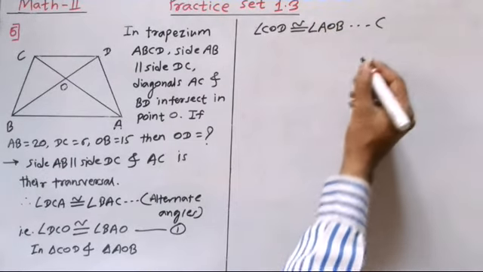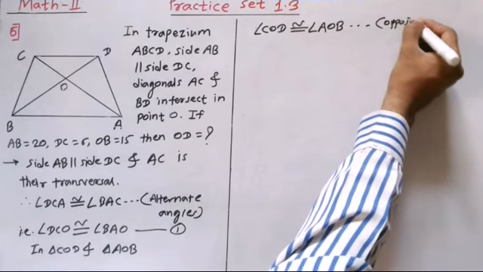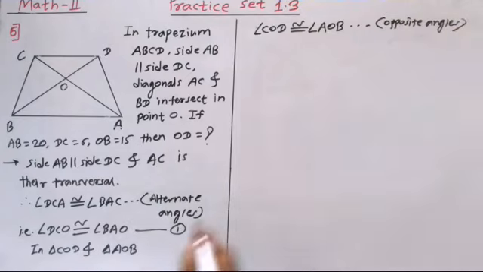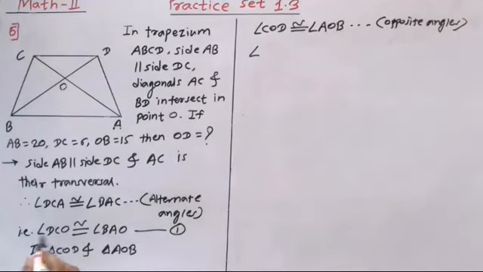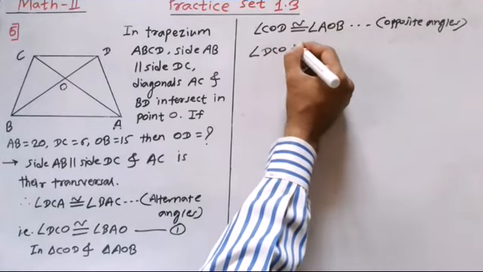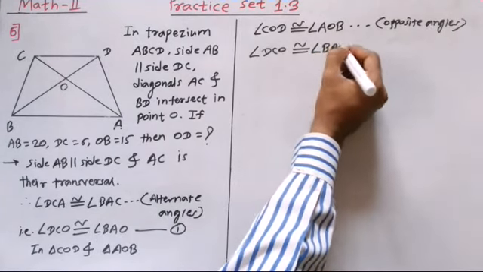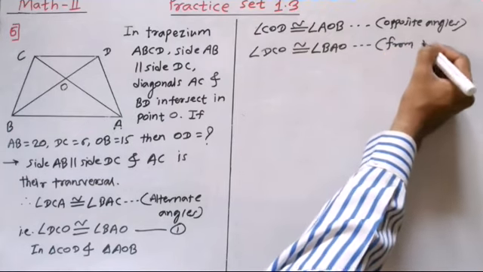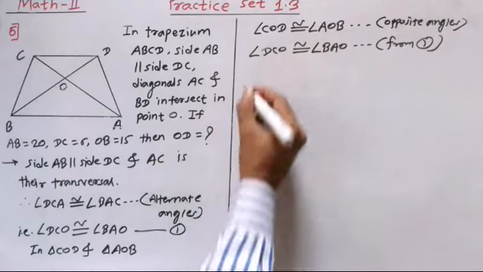The reason for this is opposite angles. Now the second angle of these two triangles is angle DCO is congruent to angle BAO. And reason for this step is from 1. We have already shown these two angles are congruent from 1.